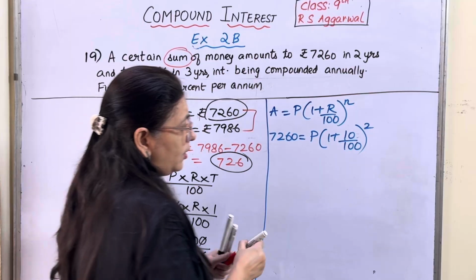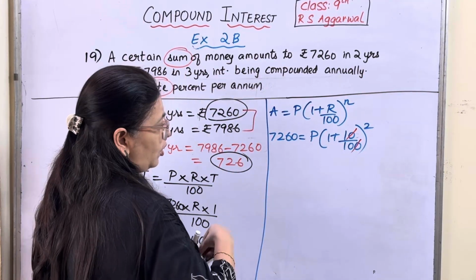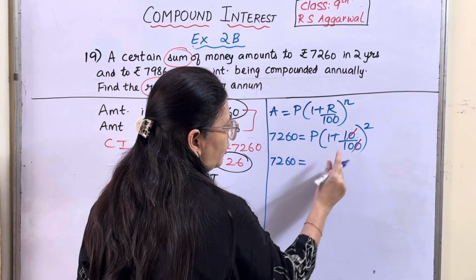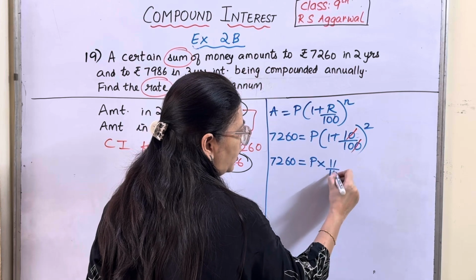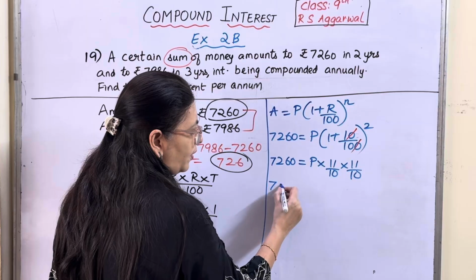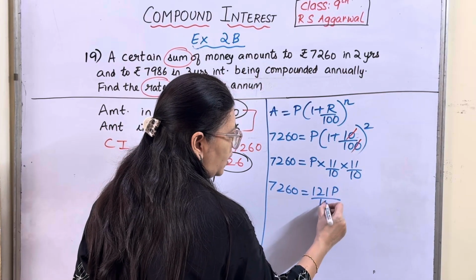Then reduce this. So you will get 7,260 is equal to P into 10 plus 1 is 11, 11 upon 10 into 11 upon 10, because it is twice. 7260 is equal to 121P upon 100.